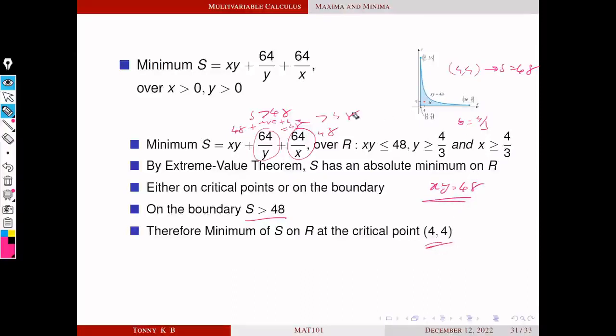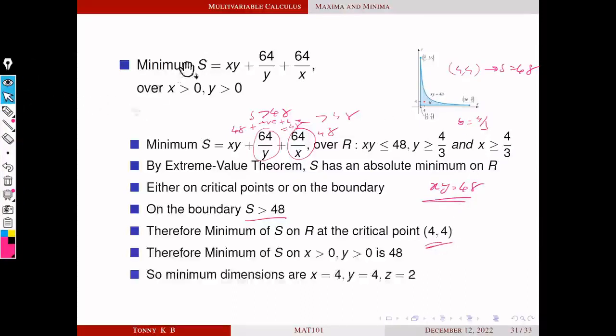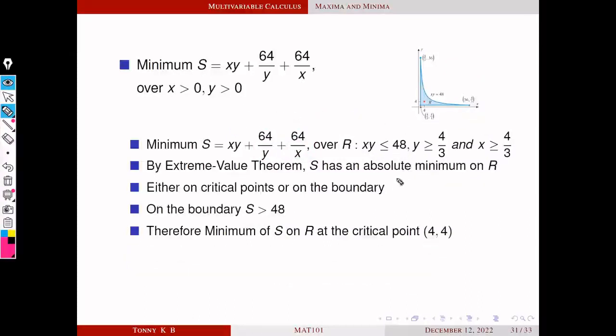So the absolute minimum of this function is at (4, 4), and the value of S is equal to 48. Therefore, you can easily claim that the absolute minimum of S over this entire region is also 48.